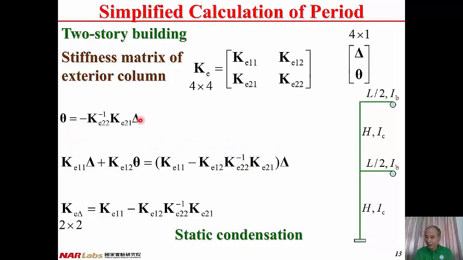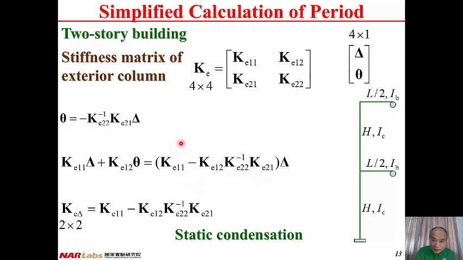Okay, with this relationship, we consider the first equation, KE11 times delta plus KE12 times theta. And because theta can be expressed in terms of delta, after the substitution of this equation into that equation, we can have KE11 minus KE12 times KE22 inverse times KE21 times delta.